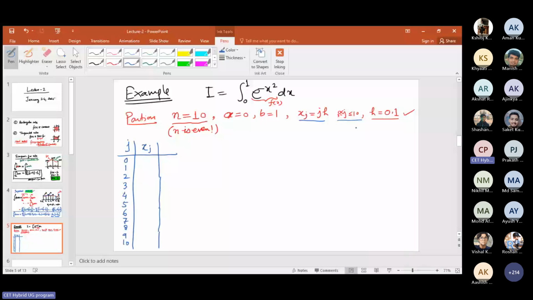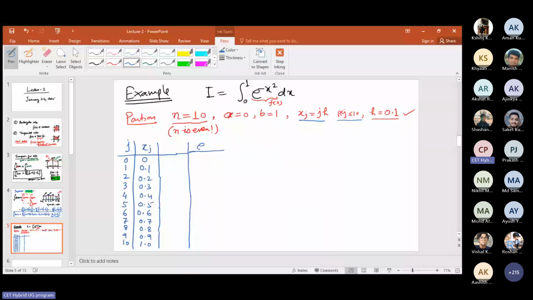You will get 0, 0.1, 0.2, 0.3, 0.4, 0.5, 0.6, 0.7, 0.8, 0.9 and 1.0, not 0.10. What value do we have to find? The value of f(x), which is e raised to power minus xj square.